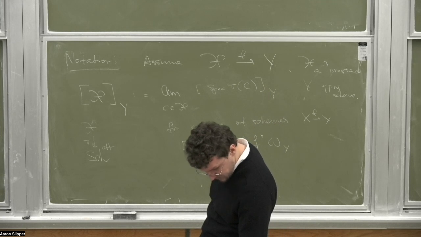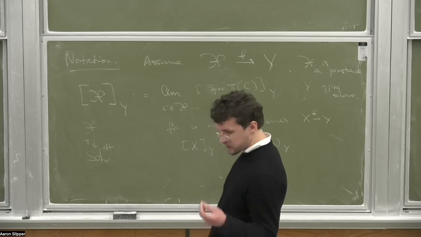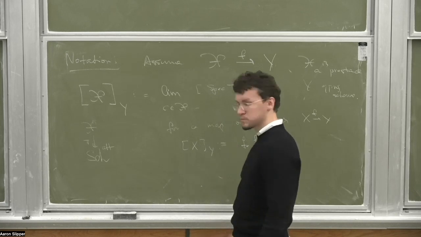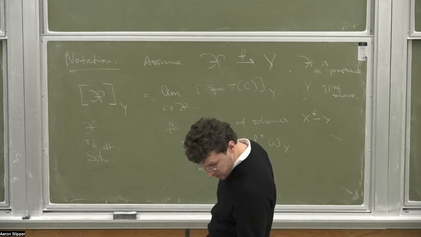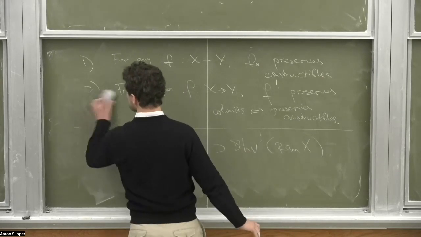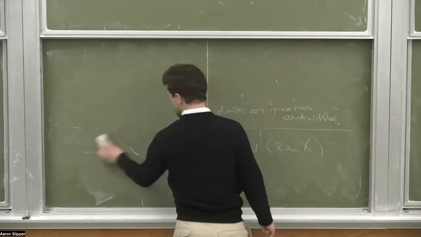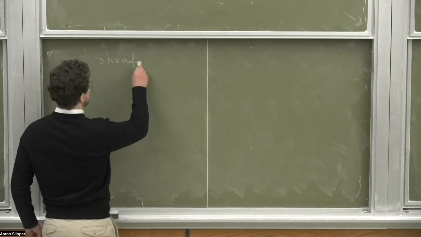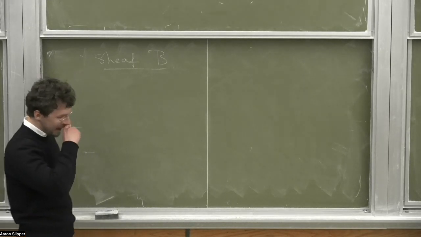If you pull it back to any X^T, you just get, if you pull back to any point of that space, you just get... let me move to the sheaf B now, and we'll compute some sheaf stocks in the process.